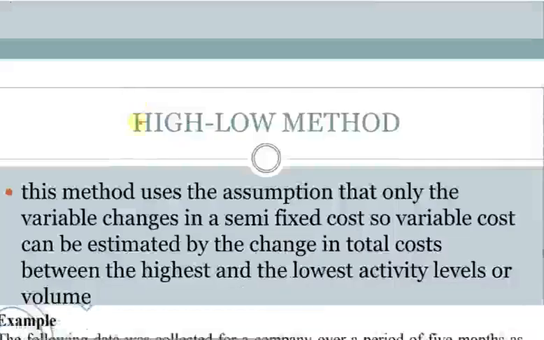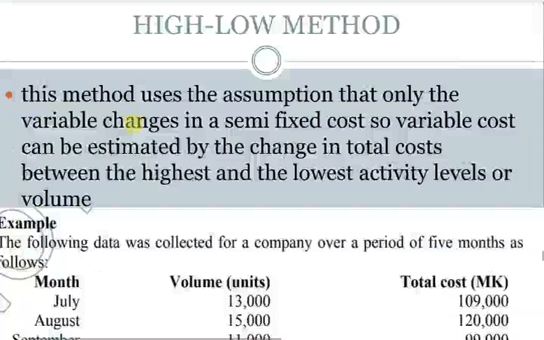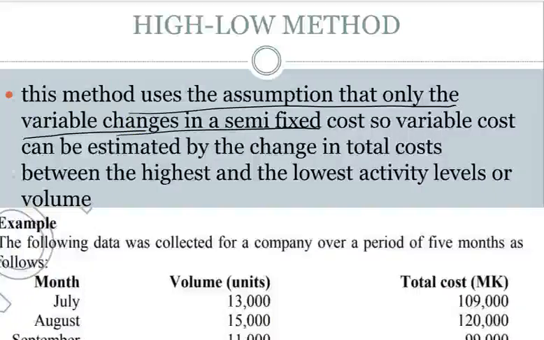For the high and low, this method uses the assumption that only the variable element changes in a semi-fixed cost. So variable cost can be estimated by the change in the total cost between the highest and lowest activity level.